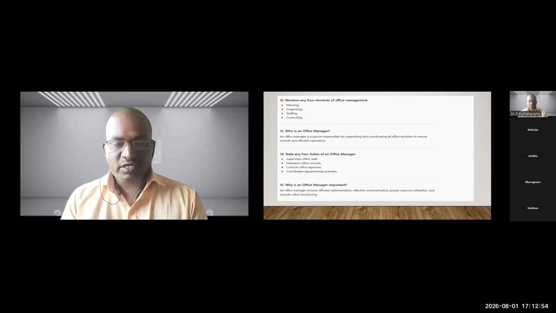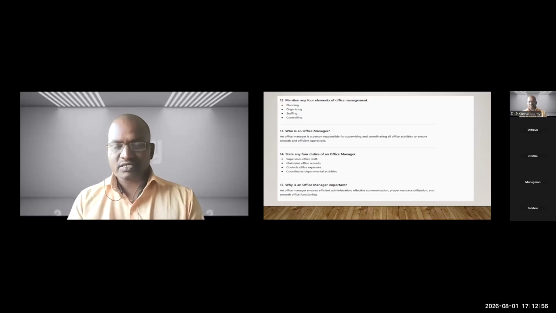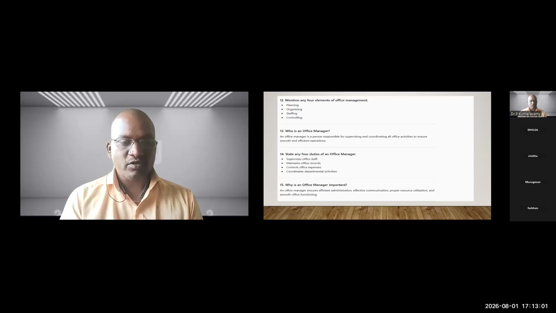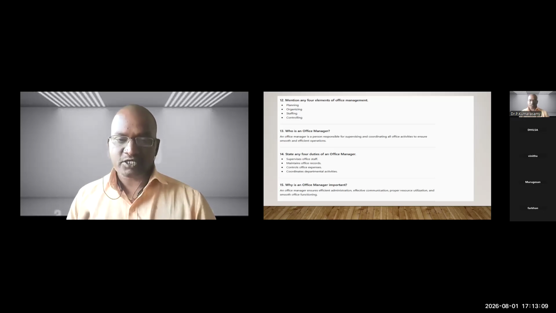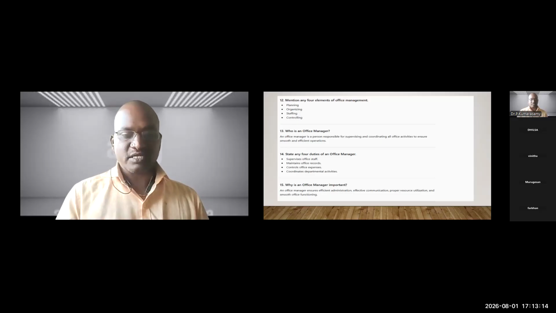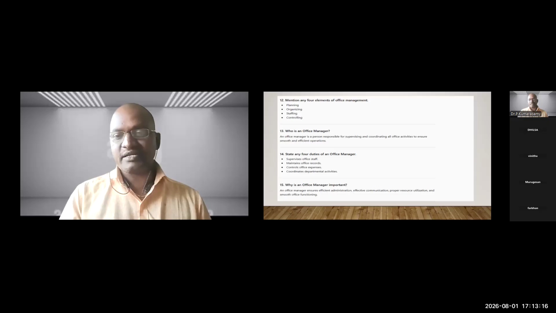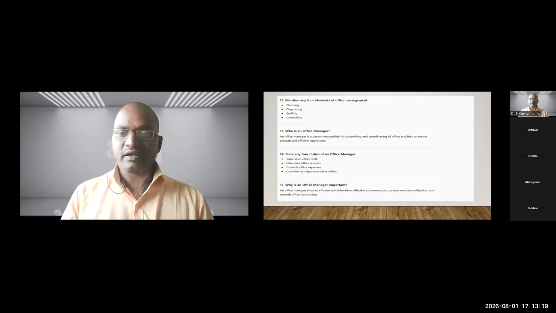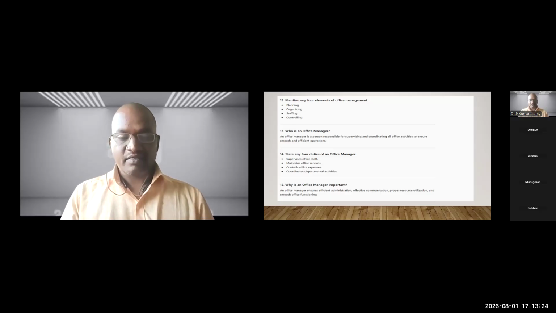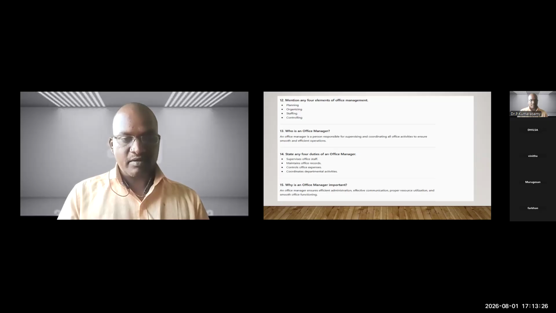State any four duties of an office manager. What are the duties of an office manager? What should the office manager do? He should supervise the office staff. The office manager should monitor and supervise the other staff members because he is the leader. Then the office manager maintains office records.